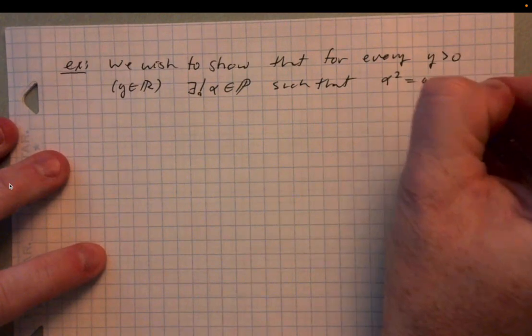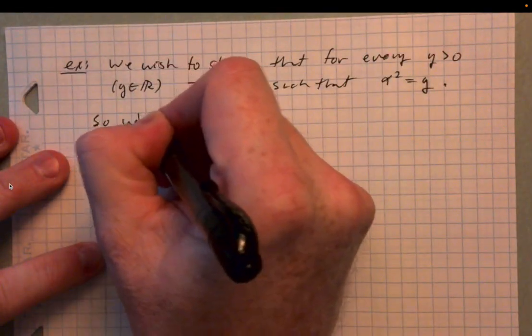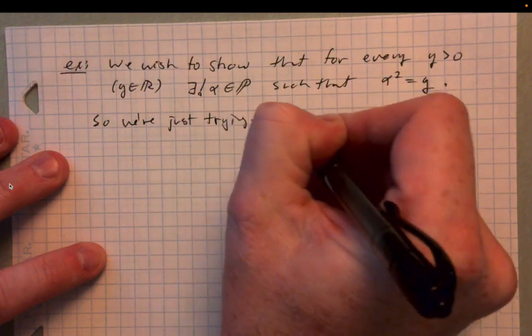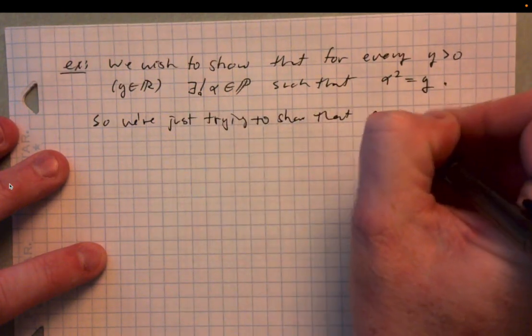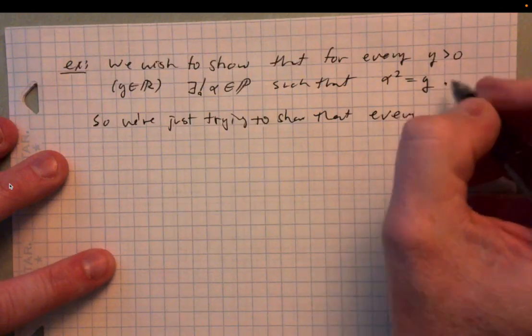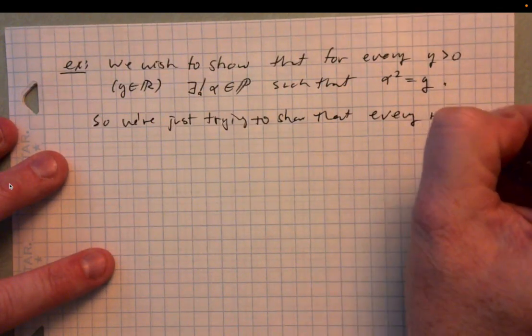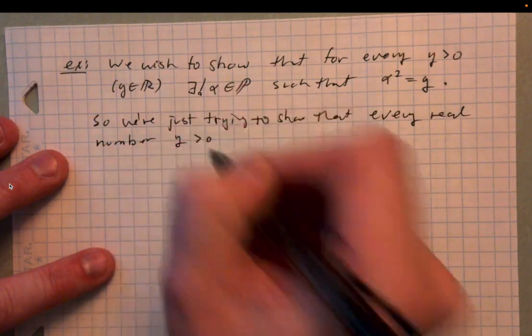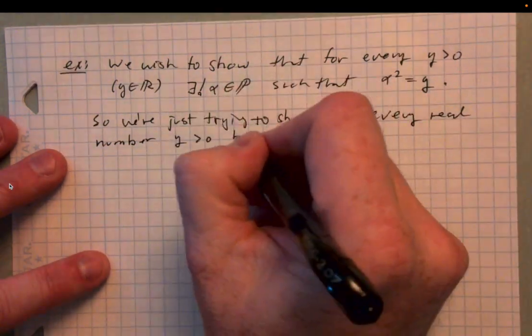Okay. So we're just trying to show that every real number y greater than 0 has a square root.